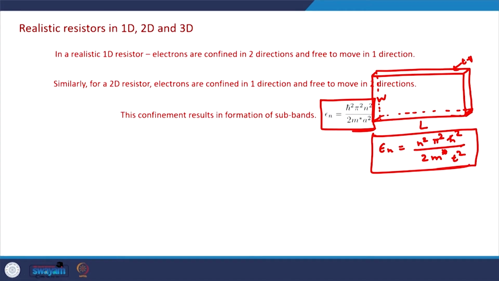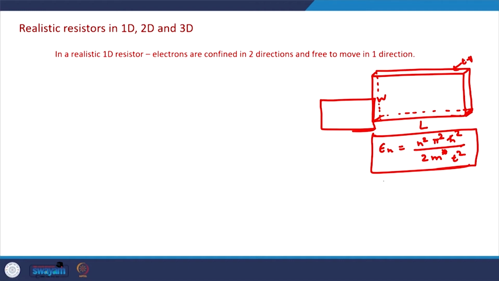And if we consider an ideal 2D conductor, in two dimensions the energy can be h bar square k square divided by 2 m star.